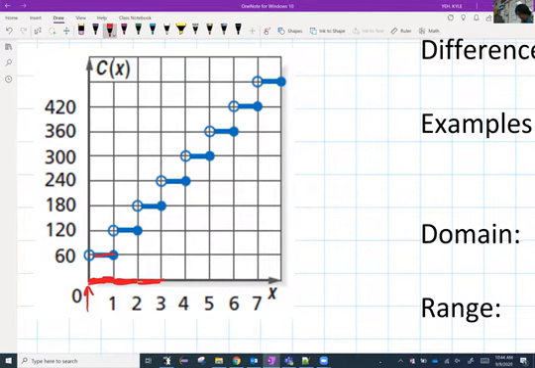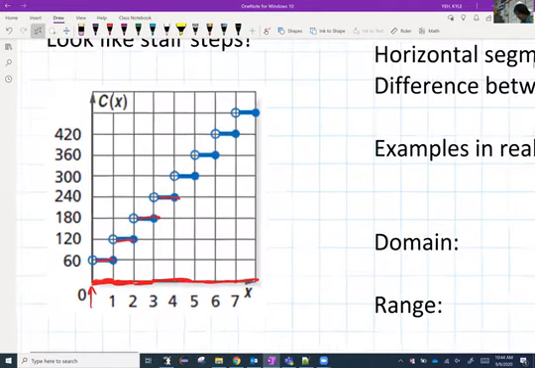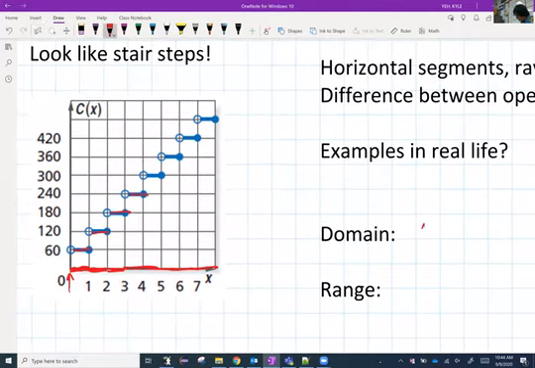If we look at each of these stairs and combine where we hit, it looks like we hit everything. And if we hit everything, then that domain is going to be all real numbers. We've seen a few different ways to write all real numbers, but it means nothing is left out. We get all the decimals, all the whole numbers, everything.